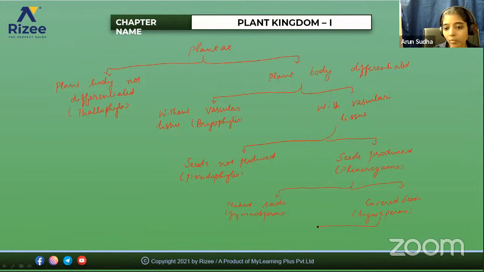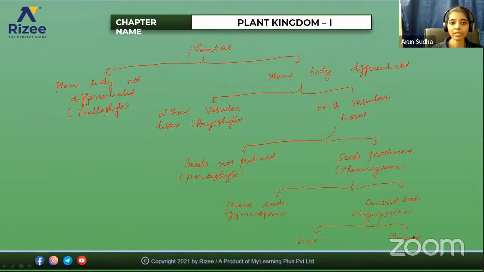And again, depending upon the number of cotyledons in the seed, it is dicots and monocots. So these are the different types of plants that come under the kingdom Plantae.